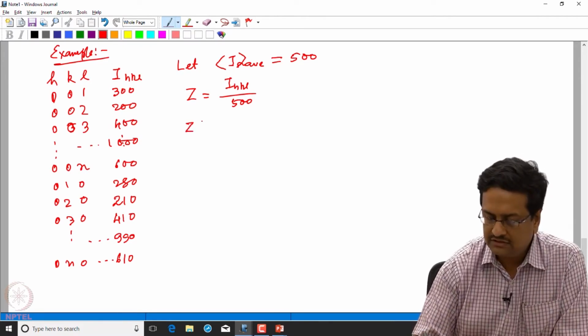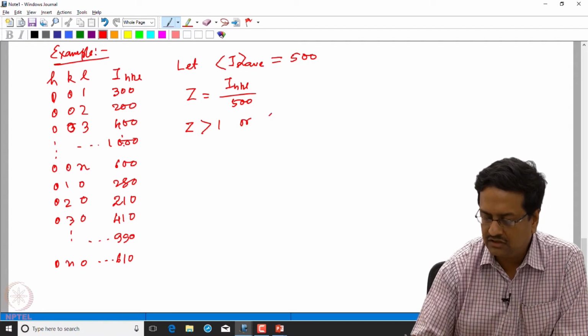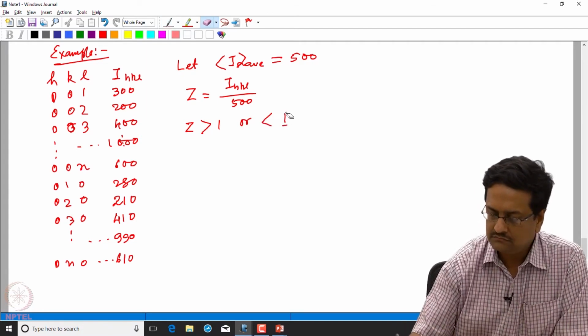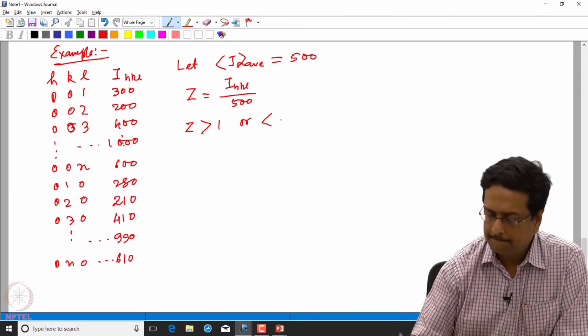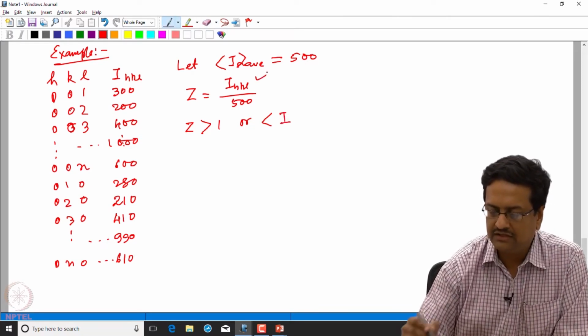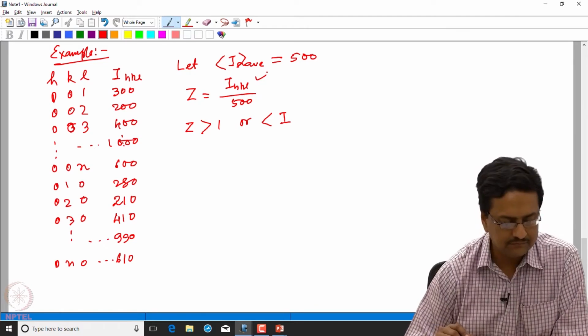So Z can be greater than 1 or less than 1 depending on the actual intensity of IHKL.